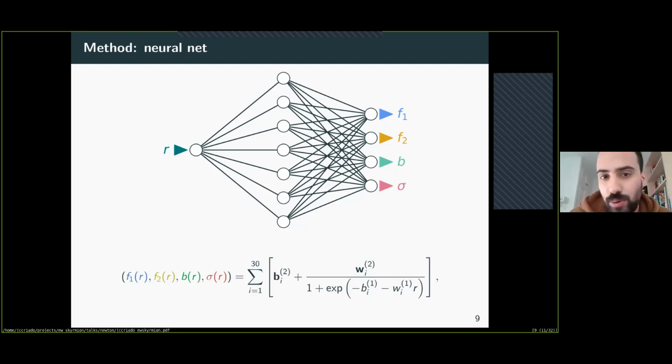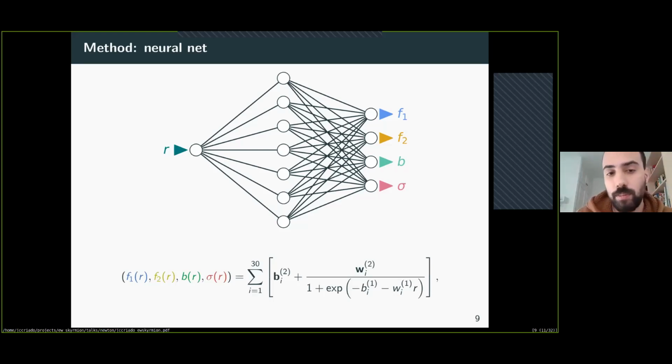In our case, we took a very simple network because our problem, in this sense, can be simple. So one real input here, which would be the radius, and one hidden layer, and then as outputs, four real numbers, which correspond to the values of the four functions that characterize our field configuration.